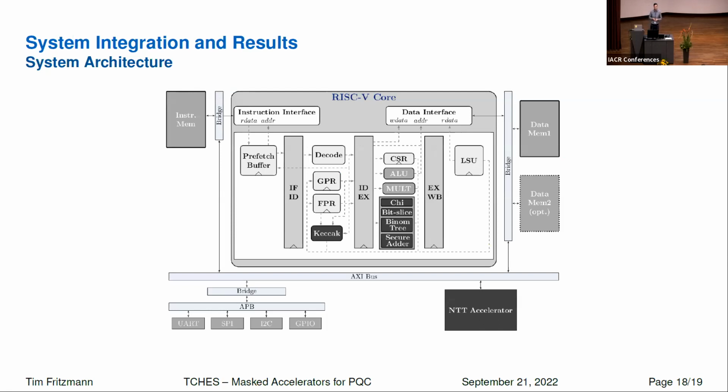For our ring arithmetic accelerator, this one we placed outside of the processor core, as we want to strictly split the 32-bit operations of the RISC-V core and the higher data path of the ring arithmetic accelerator.